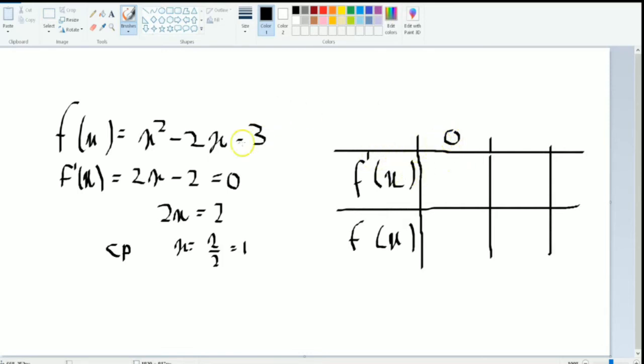And then we substitute 0 into the equation. We get negative, because 0 squared is 0, 0 times 2 is 0, so we get negative 3, so we just put the negative. Then we choose a number that is above 1. Let's just choose 3. We substitute 3 into the equation. 3 squared is 9. 9 minus 2 times 3, which is 6. 9 minus 6 is 3. 3 times 3 minus 3 is, we get a positive number.